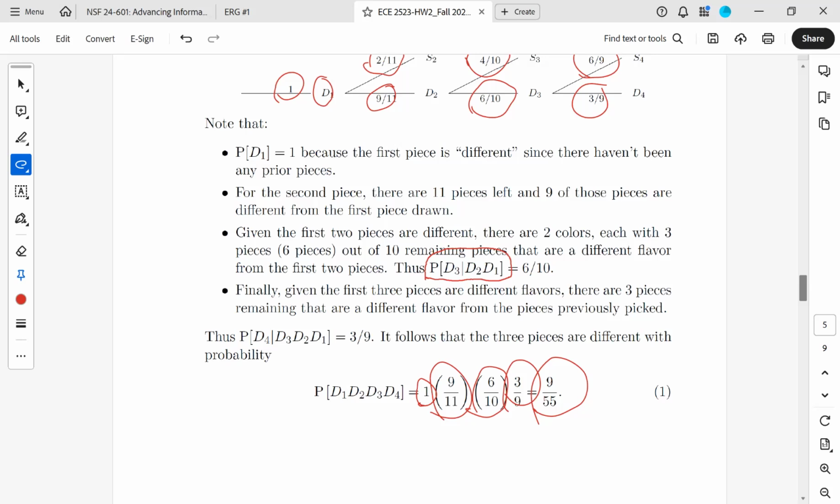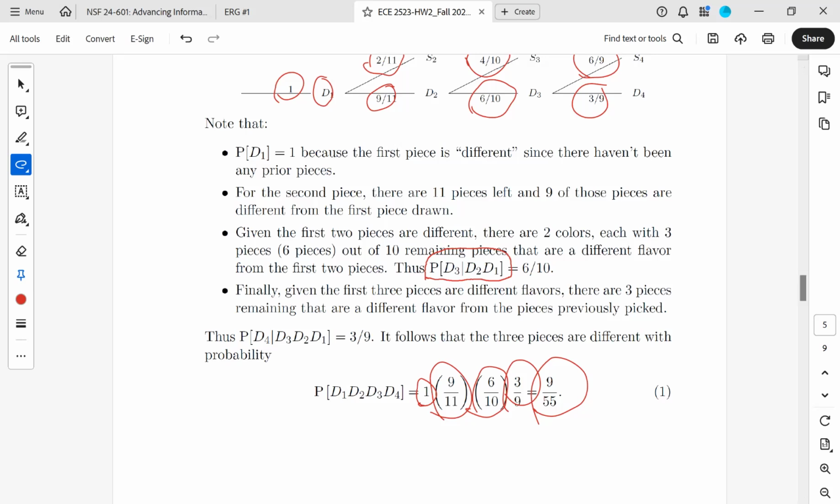This terminology means what is the probability of D3 happening if, and that line means if, we already know that D1 and D2 already happened. So in this notation, the happening of D1 and D2 is not in question. They already happened. If we assume that, what is the chance of D3 happening?